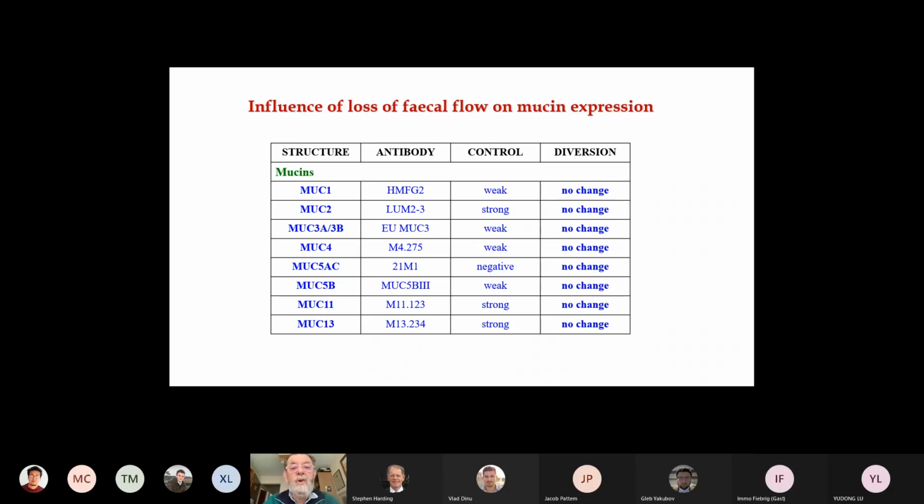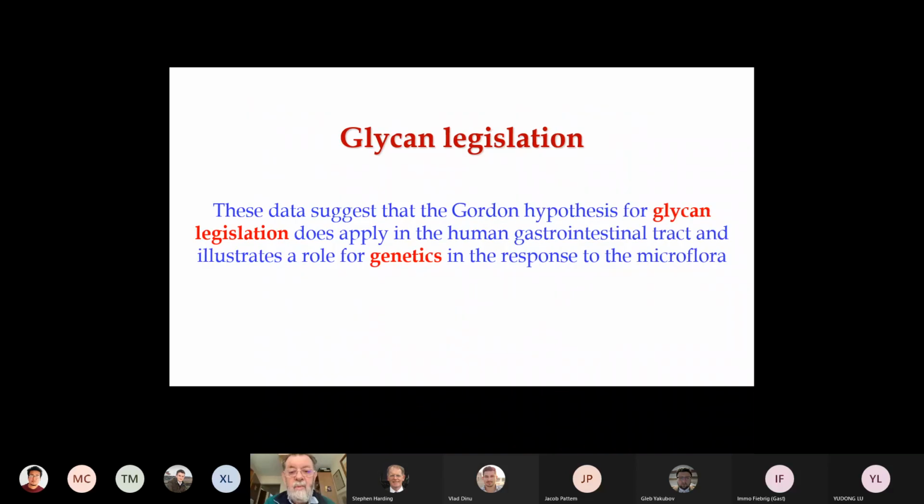If we look at the genes that control the glycan structures, these are affected in part by the microflora, but not the mucin protein peptide epitopes. So next slide, please.